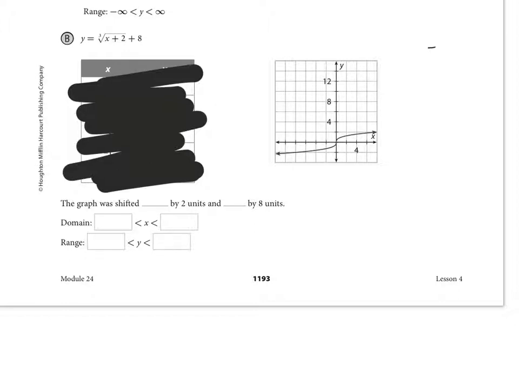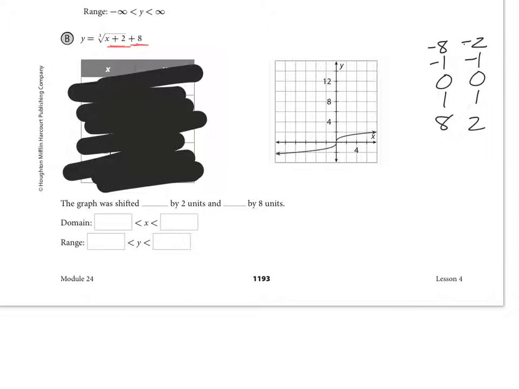So remember, we had -8, -2; -1, -1; 0, 0; 1, 1; and 8, 2. So we go back up here to our transformations. When it's with the x, it's not what you think, so that means I move to the left 2, and this means I move it up 8.